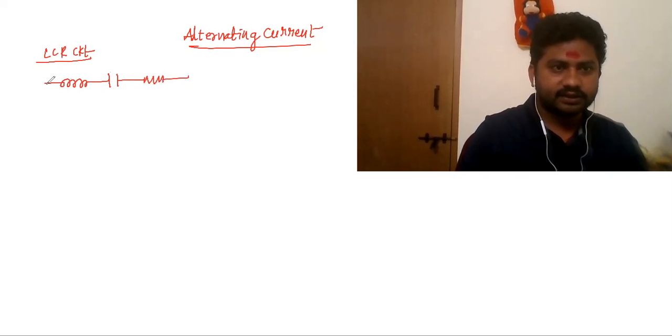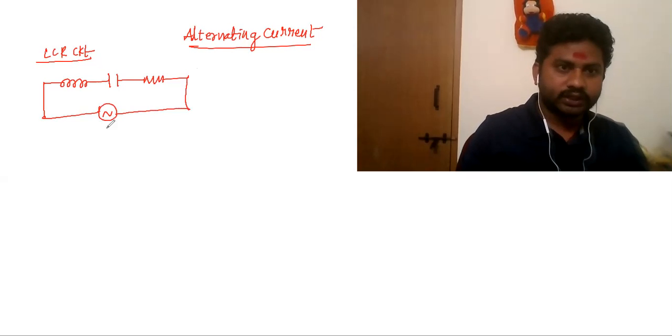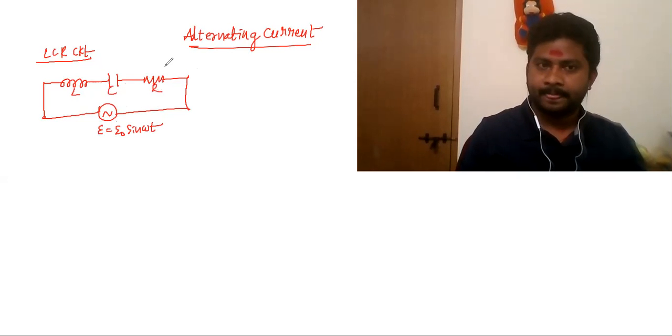All these three are connected to an alternating source, whose EMF is E naught sine omega t. This is L, this is C and this is R.